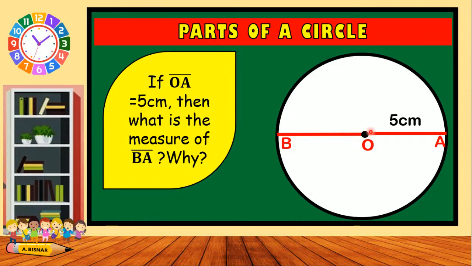Kung ang radius na OA ay 5 centimeters, ano naman ang measure ng diameter na BA at bakit? Again, ang tinatanong po ay BA.